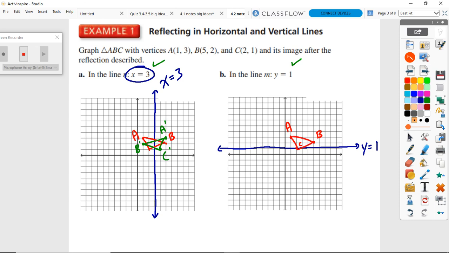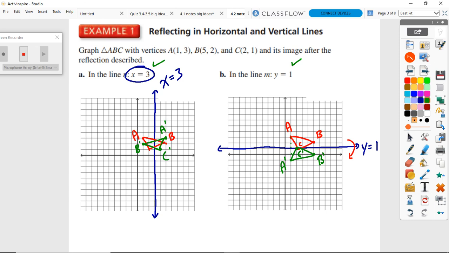And now we're going to take this thing and reflect it down, essentially. So A is 2 units above, so A prime will be 2 units below. B is 1 unit above, so B prime will be 1 unit below. And C is on the line, so C prime stays on the line.